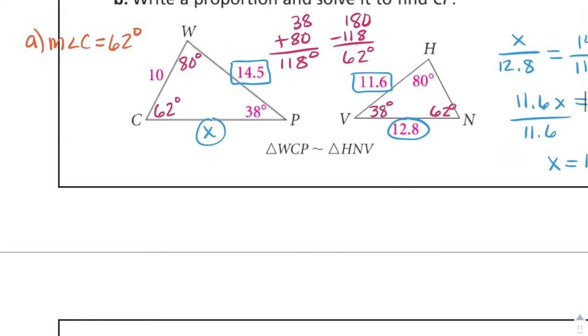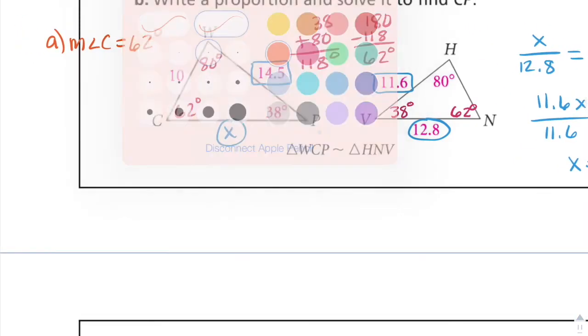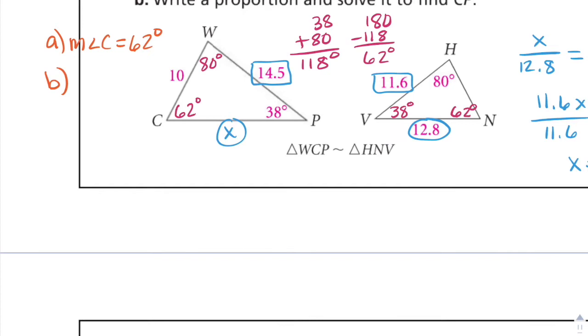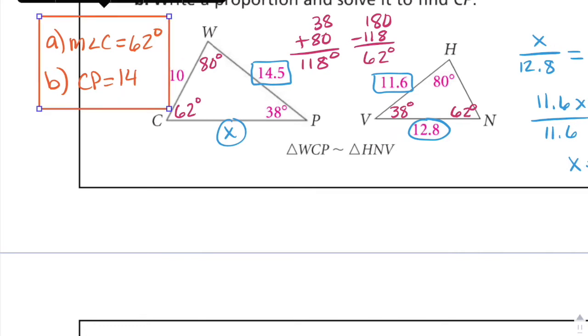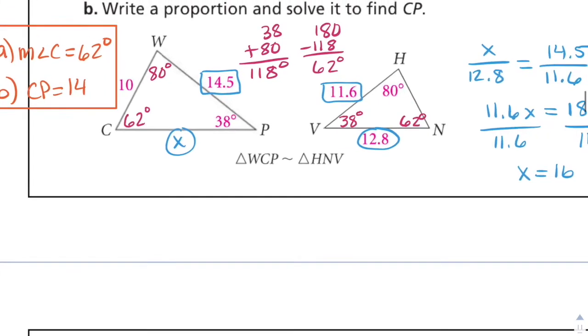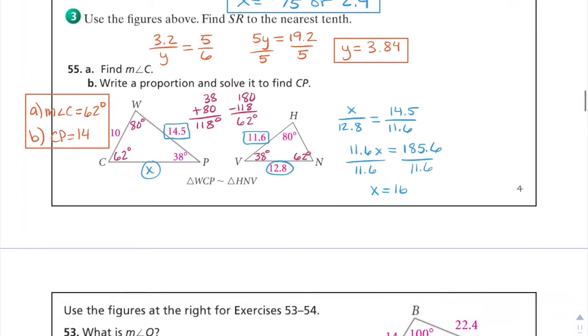So I'm going to say the answer to part B is CP equals 16. And those are my two answers for this problem. There was my proportion. There's my work to figure out my angle. And we solved x as 16.